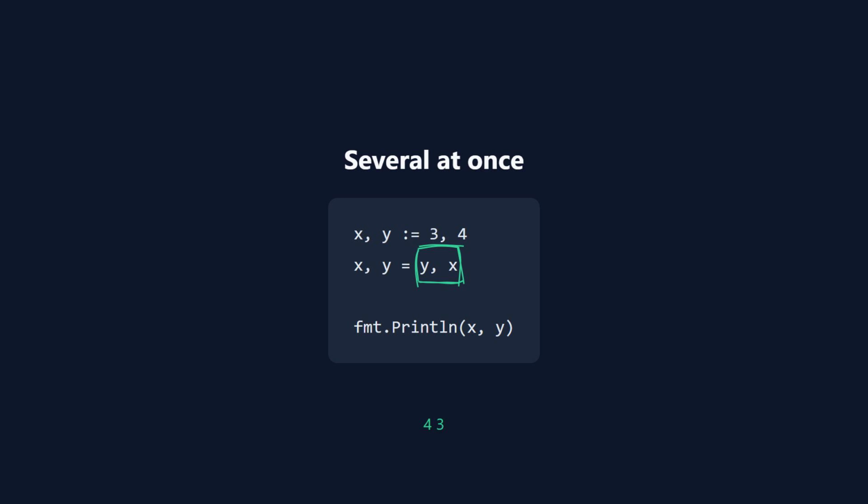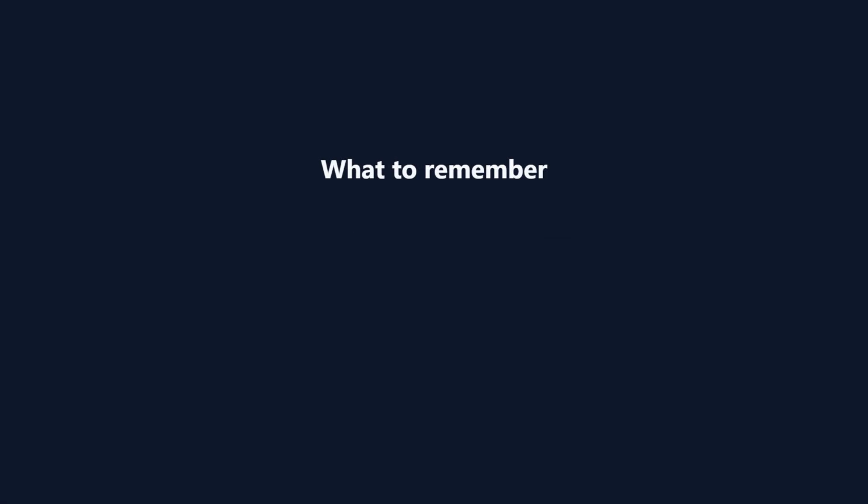They have traded places. Notice there is no temporary variable. In a lot of languages, you would need a third name to hold one value while you moved the other. This matters more than it looks right now. When we get to functions, you will find that Go functions routinely return two values at once, and this is how you catch them.